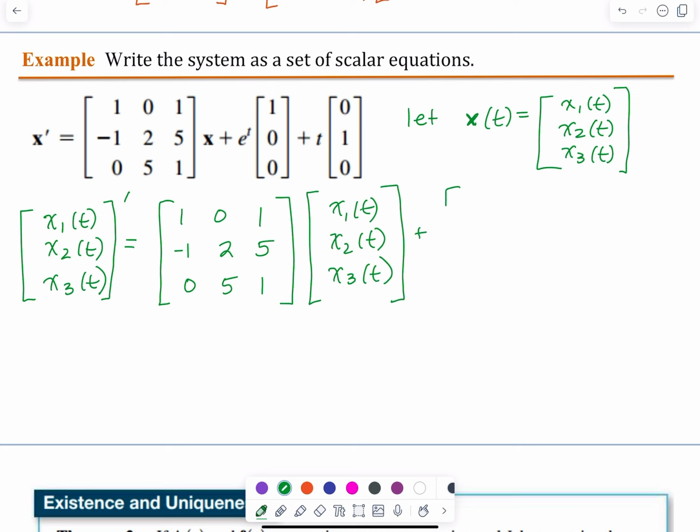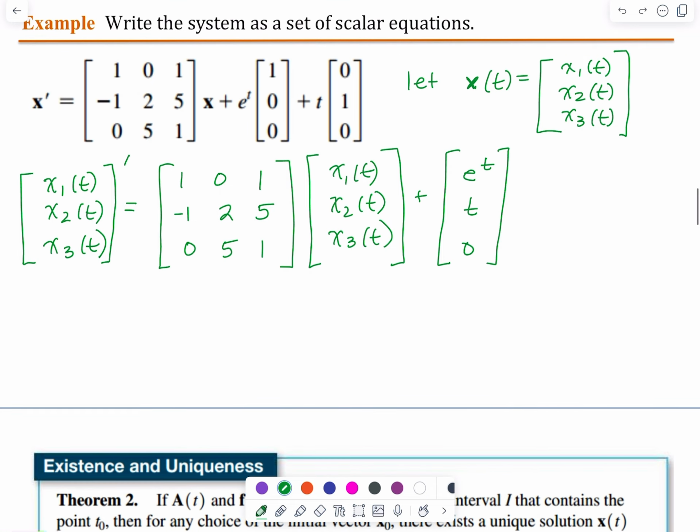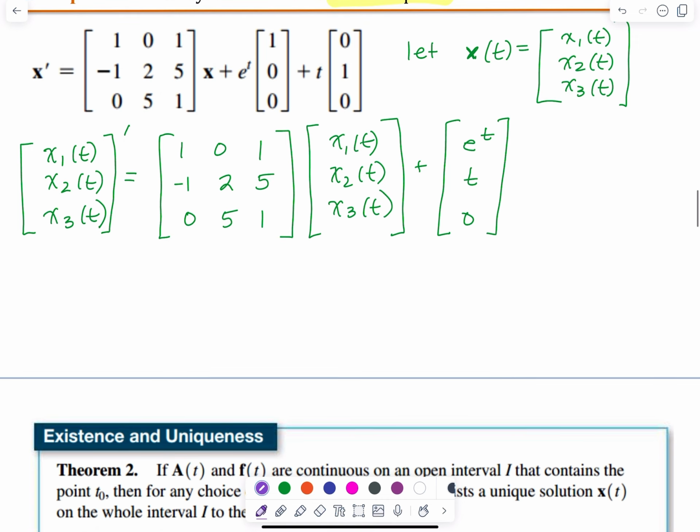And here is our f of t. And you can see where we have created those vectors. And so now we can write our system as a set of scalar equations by saying that x1 prime of t is equal to x1 of t plus x3 of t plus e to the t.